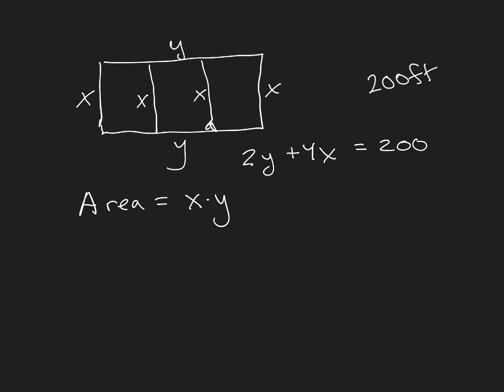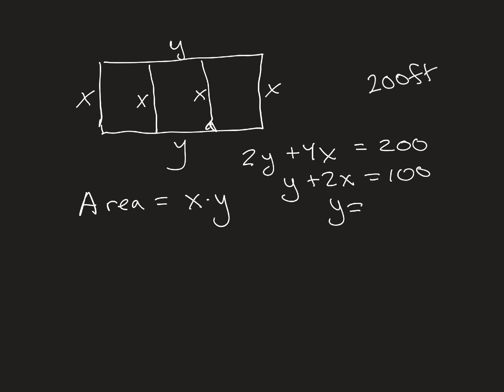Since I want to work with the area equation, I really want to write that area equation in terms of only one variable. So let's go back to the constraint equation and simplify a little bit. We can divide everything by 2, so y plus 2x equals 100.